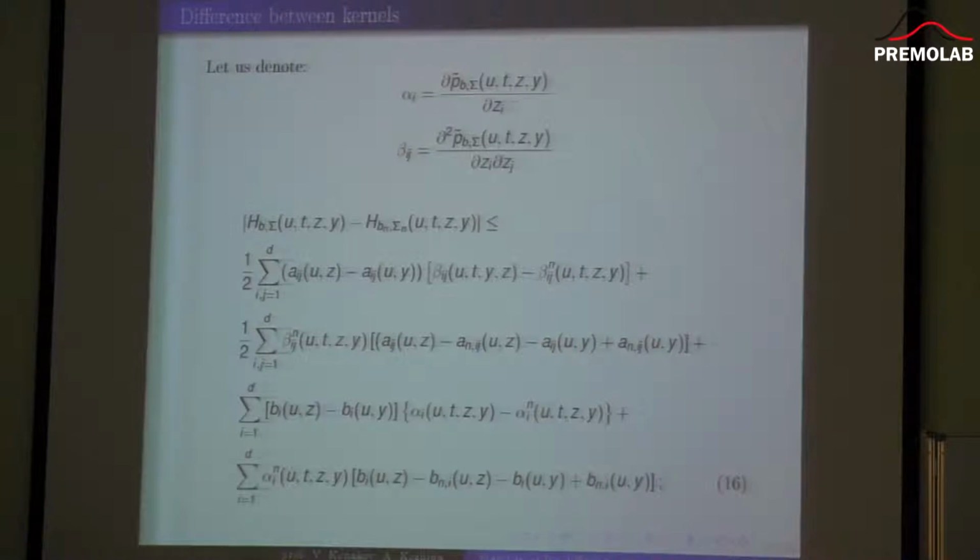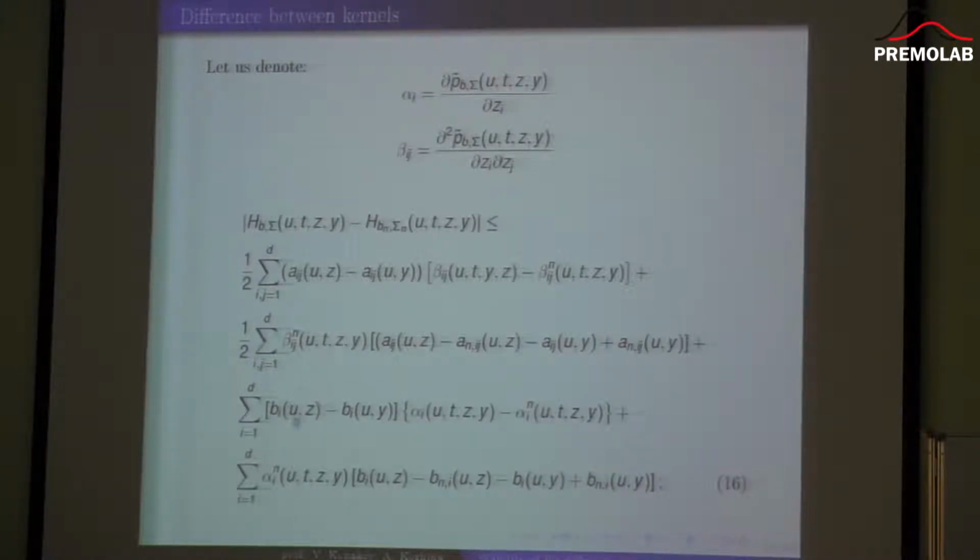So let us denote, just for shorter writing, the first derivative and second derivative as alpha i and beta ij. The difference between kernel functions could be rewritten just by definition, like this sum. Pay attention that we know the difference between coefficients according to our assumptions. We know the estimation.